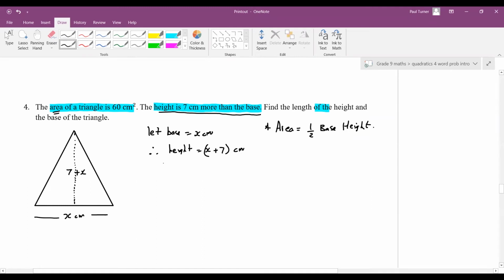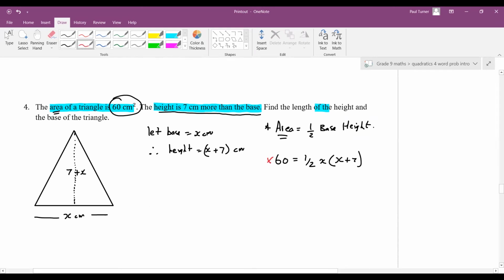That's the only reason. But now we know the area here is going to be 60. So we'll have 60 is half times the base, which is x, times the height, which is x plus 7, like that. And now I don't really want this fraction, so don't expand anything yet. Get rid of that fraction.